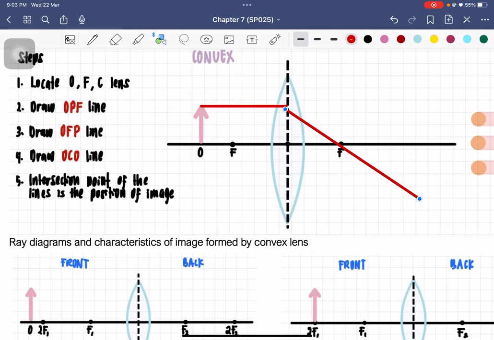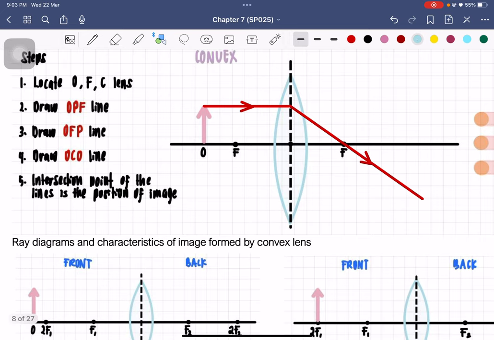Something like that. Don't forget your arrow. And then do the second one. I'm just going to do it from the top of the object through the focal point, and then it goes like this, parallel to the principal axis.